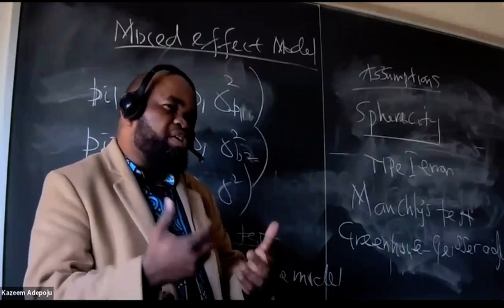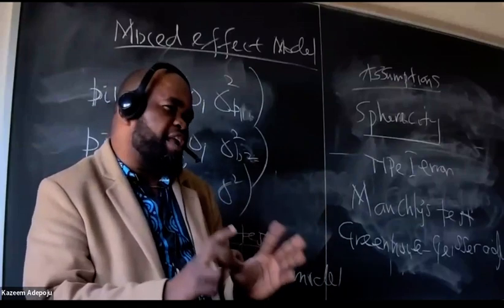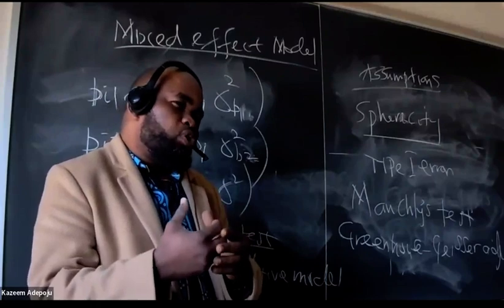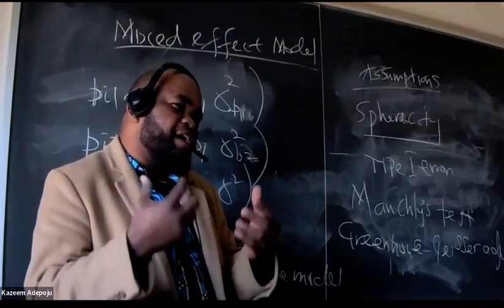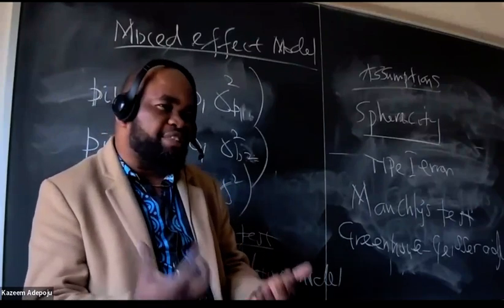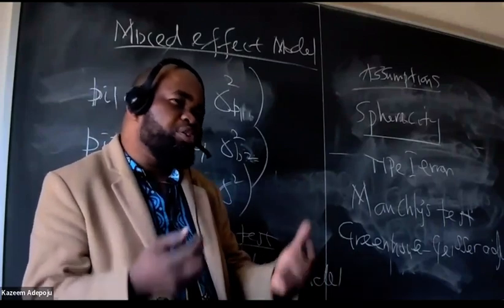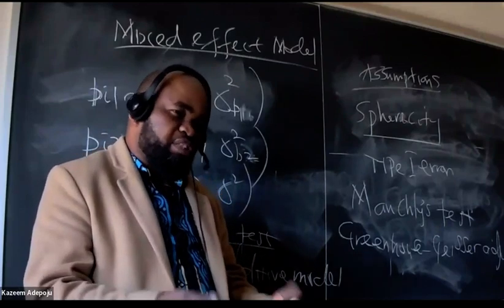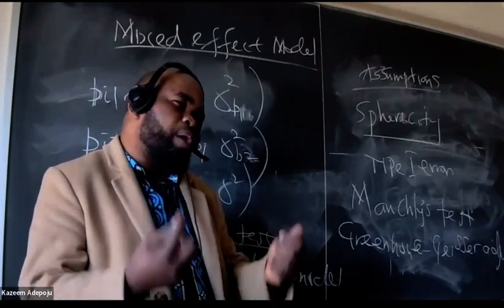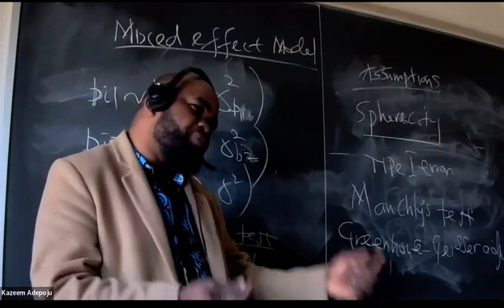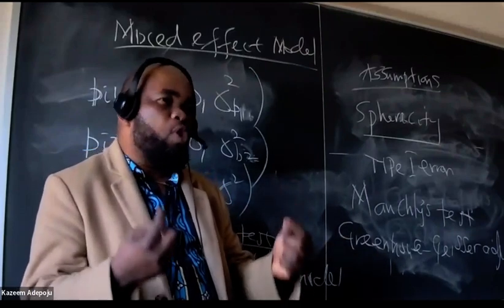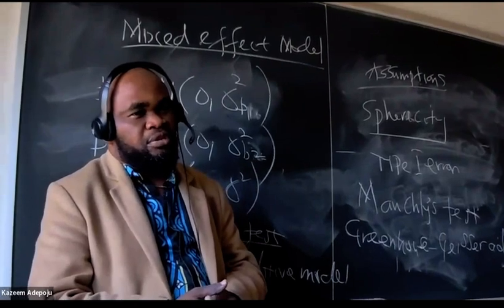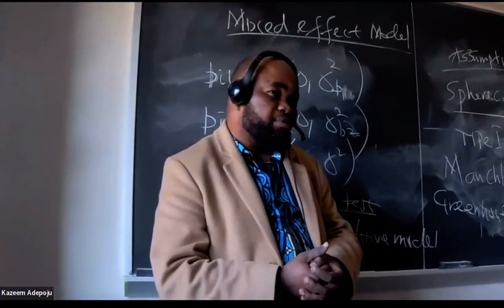You're going to use what I call a nested ANOVA test. If your p-value is less than any reasonable level of statistical significance, you reject the null hypothesis. Rejecting the null hypothesis, you are concluding that your random intercept and random slope correlate. But when they correlate, that's not good.